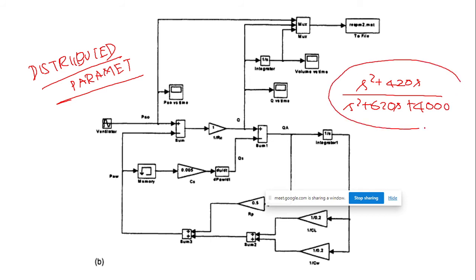Instead of putting this equation directly, here we are giving it in terms of the individual components: CS, RP, CL, CW, QA, 1 by RC. Putting individual elements is called a distributed parameter model.